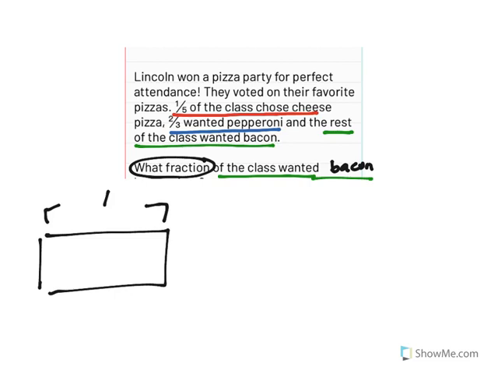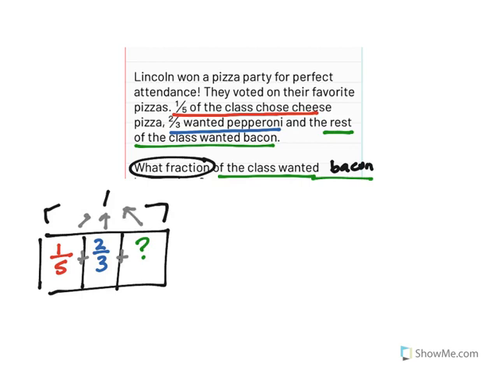But what we do know is that they chose 3 different types of pizzas, and 1/5 of that class wanted cheese, 2/3 wanted pepperoni, and an unknown fraction of them wanted bacon. So when I have a missing part of a whole, I know that when I combine all those parts together, they're all going to equal one whole.